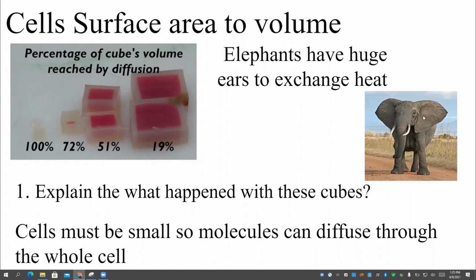And then this also is employed by elephant ears. Elephant ears are full of blood vessels, and they're really big. So anytime an elephant gets hot, the blood is going to carry that heat into their ears, and it's going to be easily able to diffuse because there's a lot of surface area that it can diffuse across. All that blood can easily come in contact with the air where it can get rid of its heat.